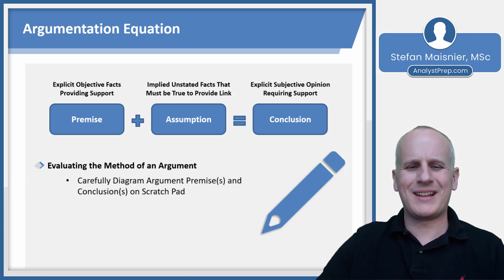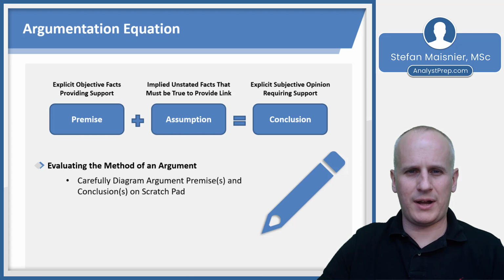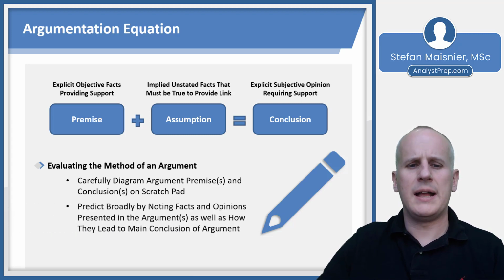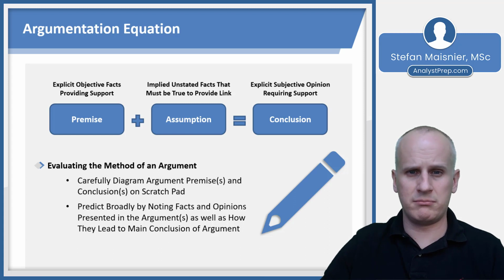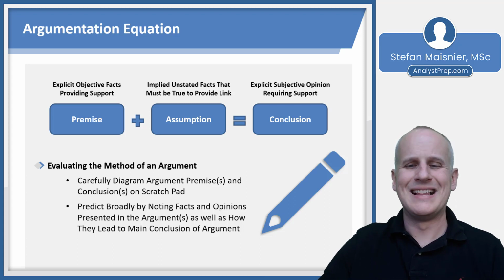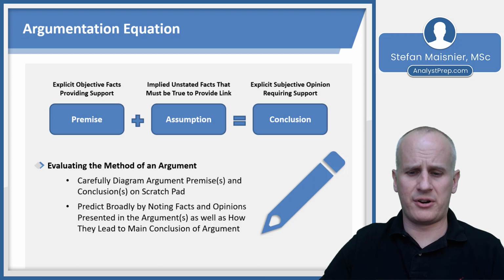So we want to carefully diagram our argument premises and the conclusion on our scratch pad, just basically to identify how the argument, or potentially arguments if there are multiple speakers, go from one position to another. And you only predict broadly by noting the facts and opinions presented in the argument, as well as how they, as premises or even intermediate conclusions, lead to the main conclusion of the argument.